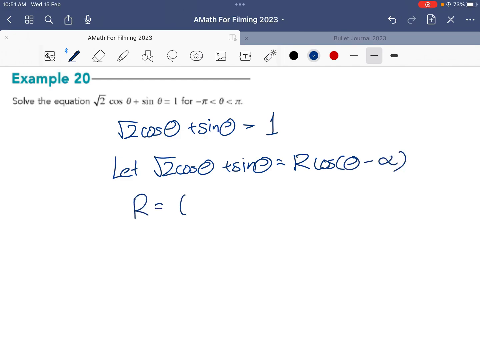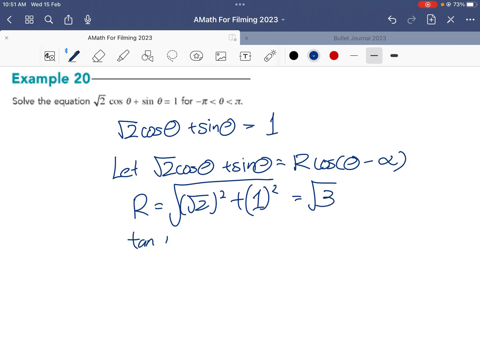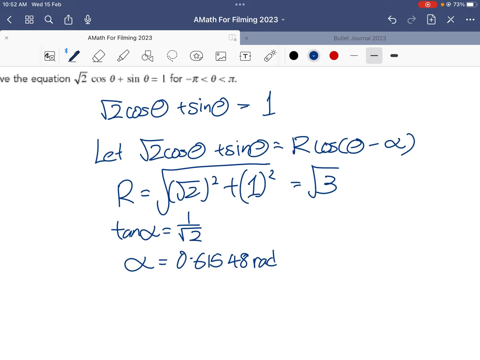Your R value is the square root of root 2 squared plus 1 squared, which is square root of 3. Then tangent alpha is 1 over root 2, so my alpha value is 0.61548 radians, correct to 5 SF.